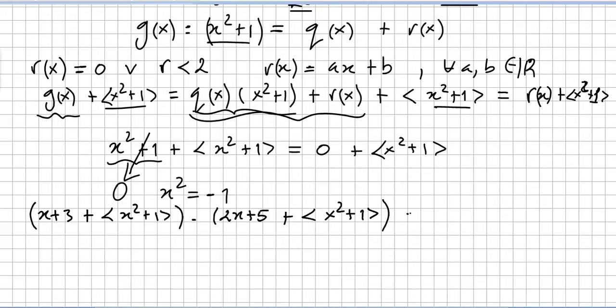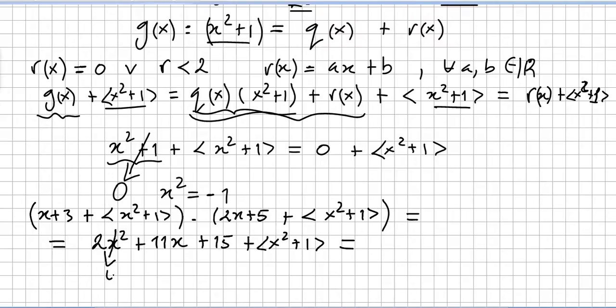So x times 2x, that will be 2x squared plus 11x plus 15 plus the ideal, of course. But if you look well, this one will be 0.